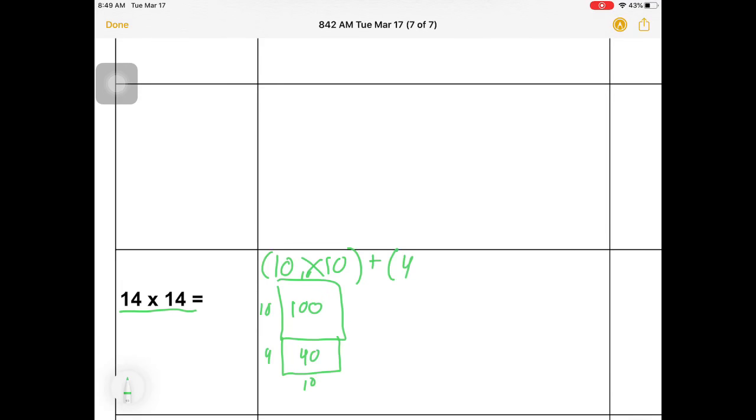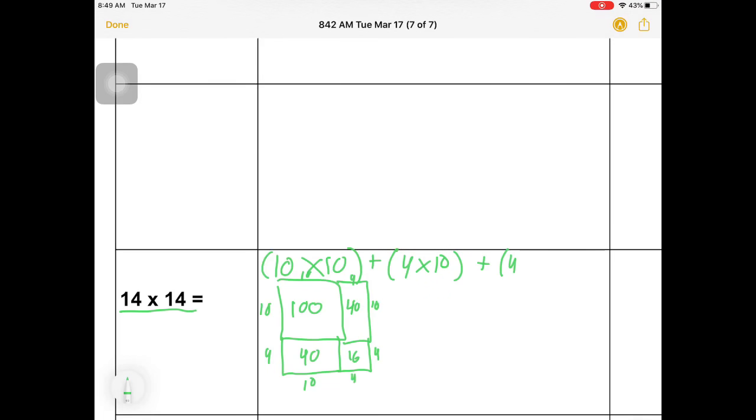So I'm going to add my 4 times 10 here. And then I'm also going to add another 4 times 10 here, which is 40. And then a 4 times 4 down here to complete my array, which is a 16.